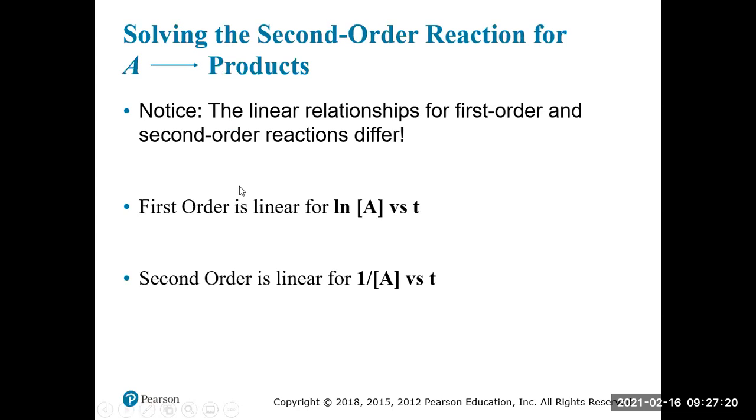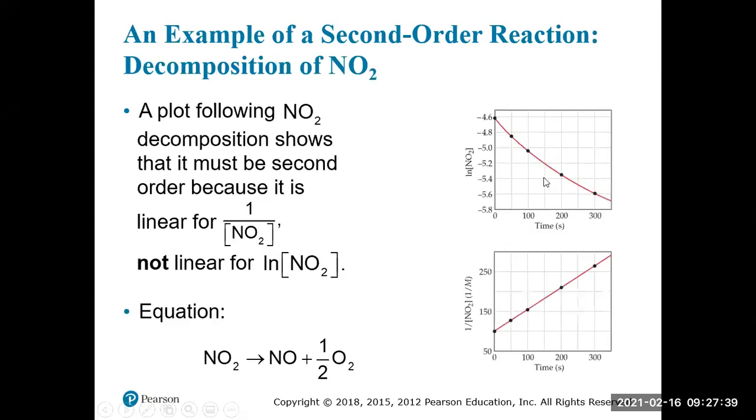And remember, we said that if it's first order, if we plot natural log of the concentration versus time, it'll be linear. If it's second order, if we do 1 over the concentration versus time, then it's linear there. So if you saw these two plots and you were asked, is it first order or second order, you would look at what was plotted, natural log in this case versus time, 1 over the concentration in this plot below.